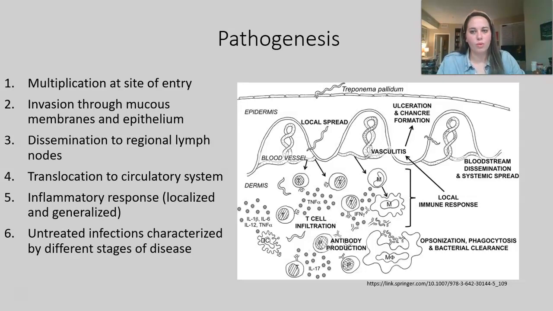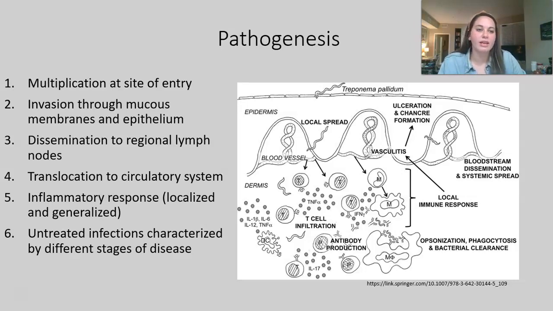So once T. pallidum enters and multiplies, it invades through the mucous membranes and epithelium. And from there, it disseminates to regional lymph nodes, and then it can be translocated through the circulatory system.